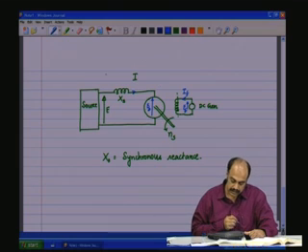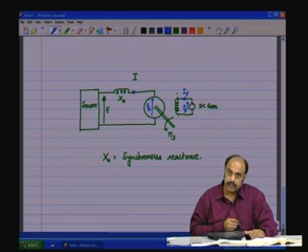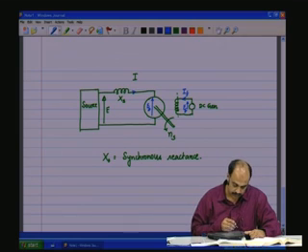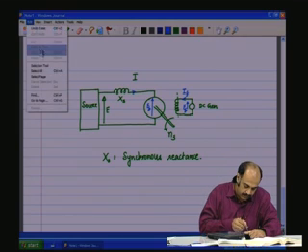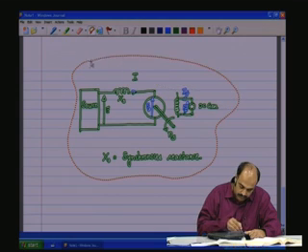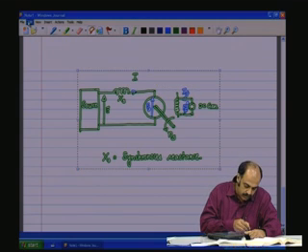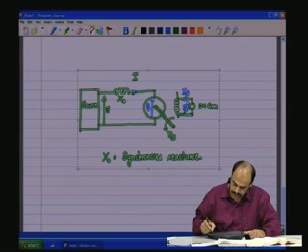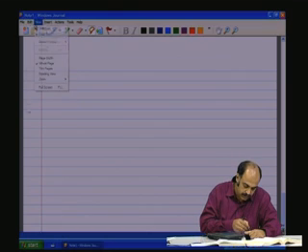Now for this, let us draw the phasor relationship, or the phasor diagram. So let me first copy this to the next page.